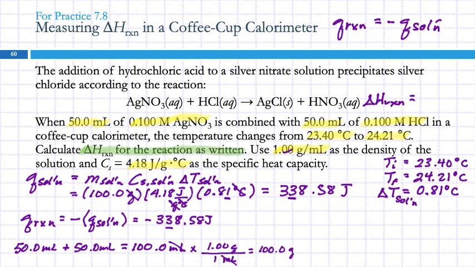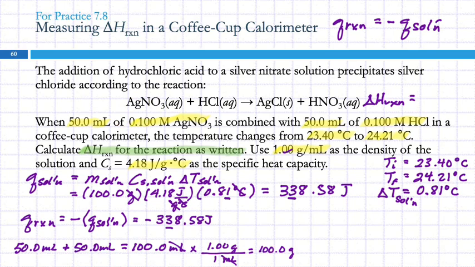The reaction lost heat, so Q for the reaction is negative. But this is the amount of heat when 50 milliliters of 0.1 molar silver nitrate and 50 milliliters of 0.1 molar HCl react. And to write delta H for this reaction, we need to find out, well, what would the amount of heat be if 1 mole of this reacted?